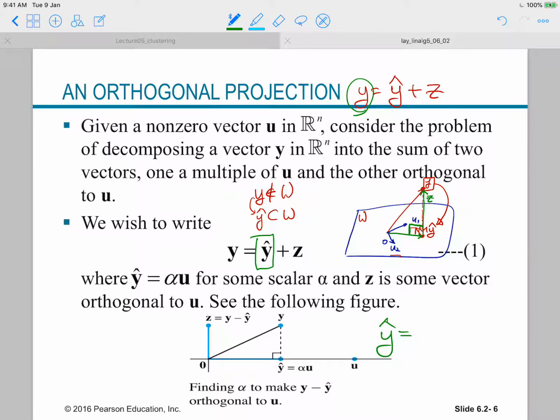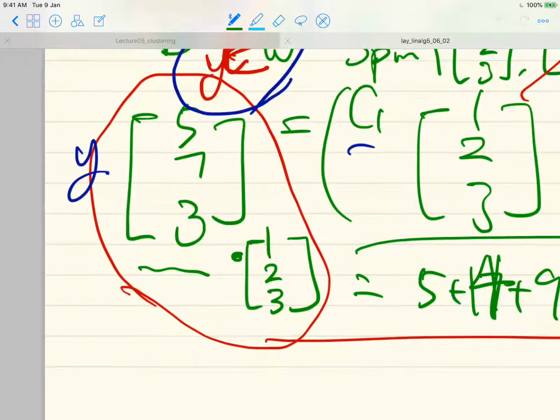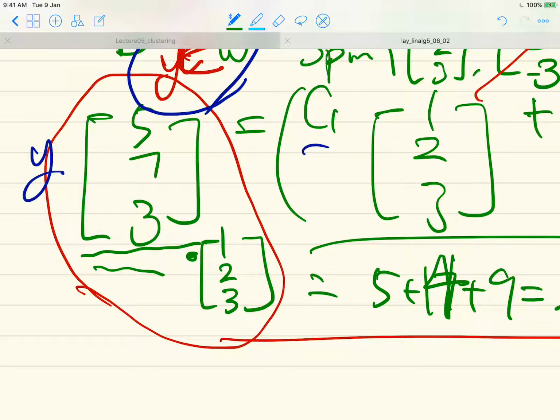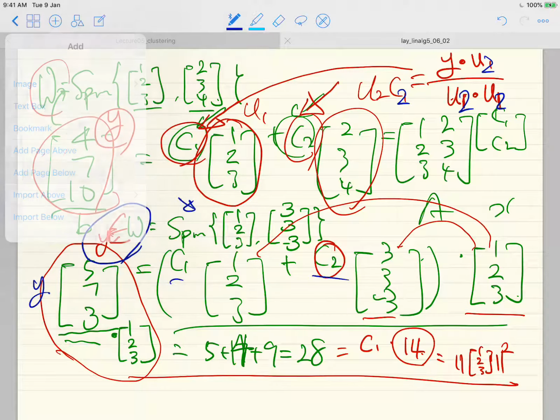Let me show the example. Over here, I paid attention to choose the vector in a way that it's inside of the span of these two vectors, the subspace W. But what if, let me bring this example once again.